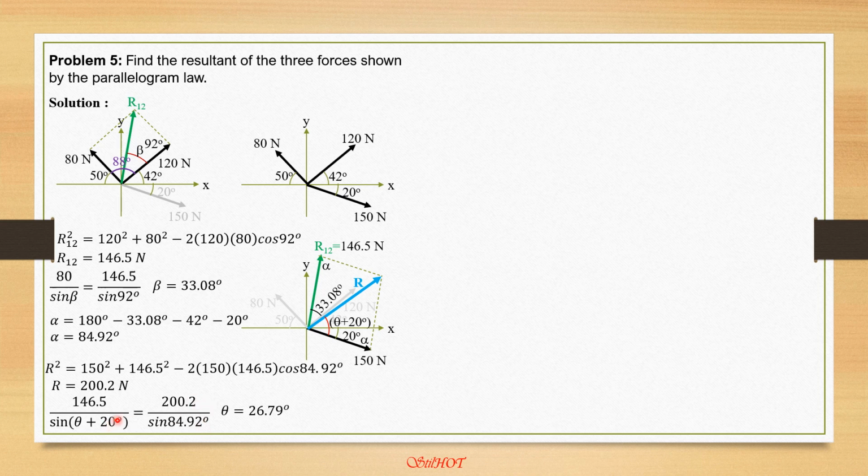So theta is 26.79 degrees. Therefore, our final answer is R equals 200.2 newtons at theta equals 26.79 degrees. So it is understood that the direction is from the positive x-axis counterclockwise, because that's positive.